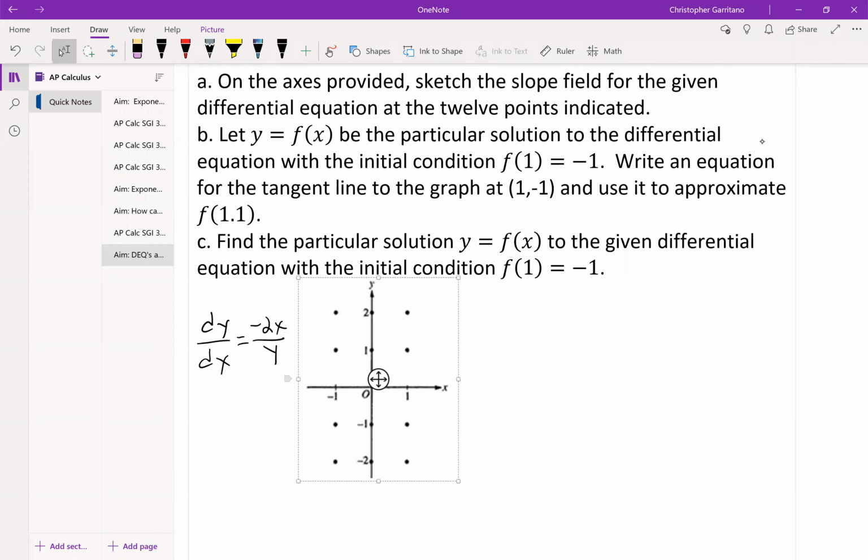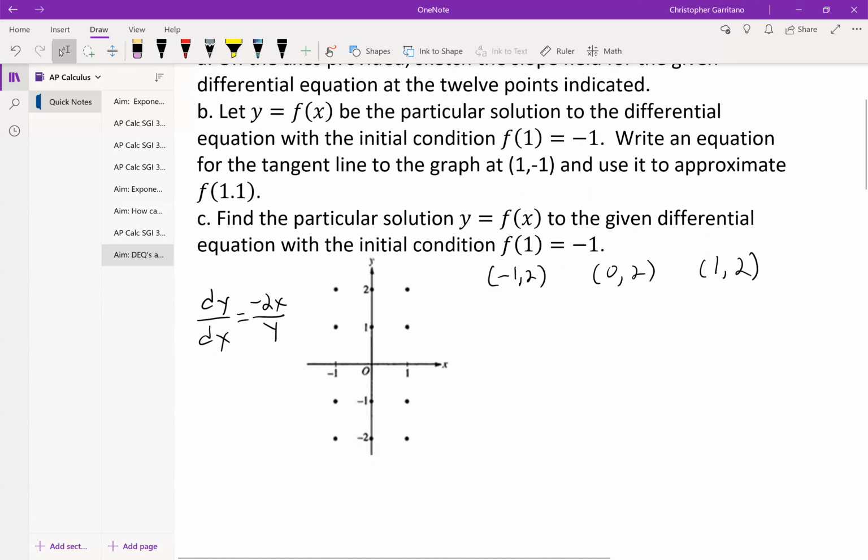So let's take the 3 points in the top row there. The coordinates are negative 1, 2, 0, 2, and 1, 2. The idea is I'm going to take those points, plug them into my slope equation, and ultimately get a slope.